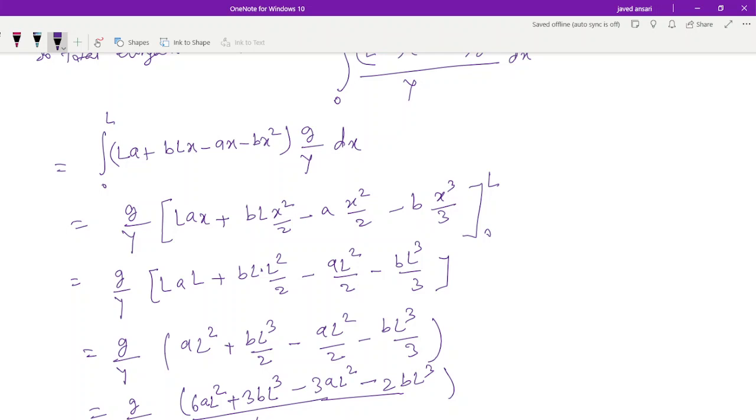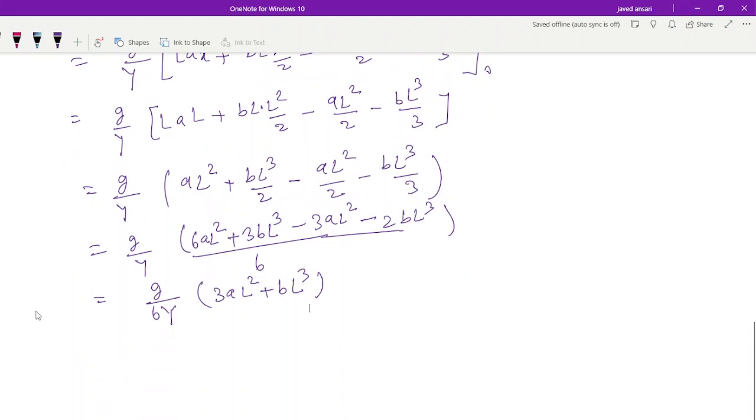That's it. So this is the elongation in the whole rod. This is what we needed to find out, right?